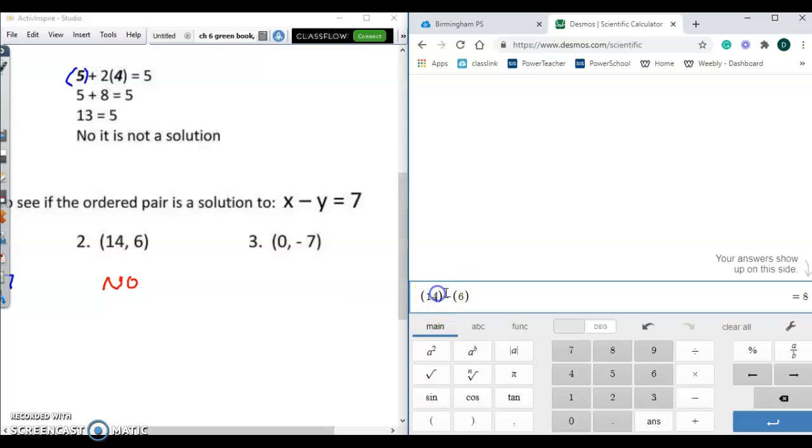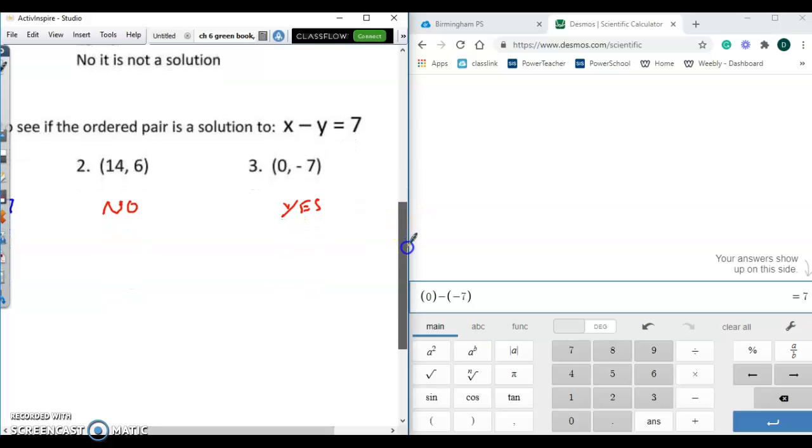So just go right into your Desmos calculator, type in that data, 0, negative 7, and that does come out to positive 7. So this would be yes. It does work. Alright, so all you have to do is really type these into your Desmos calculator. Again, whenever you substitute numbers, put them into parentheses.